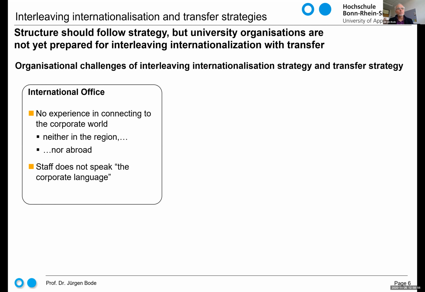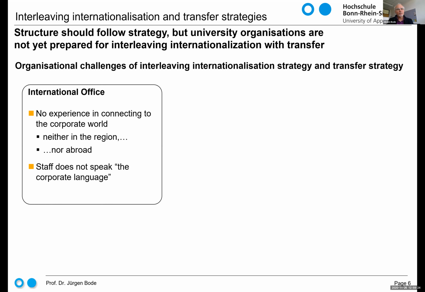Well, if I look at the two main organizational units who would be in charge of implementing our interleaving internationalization strategy and transfer strategy, the first one that comes to mind is the International Office. But the International Office, at least in our case, has no experience in connecting to the corporate world, neither in the region nor abroad.